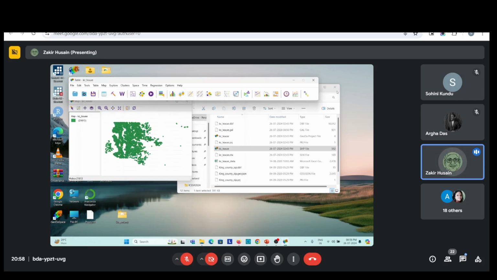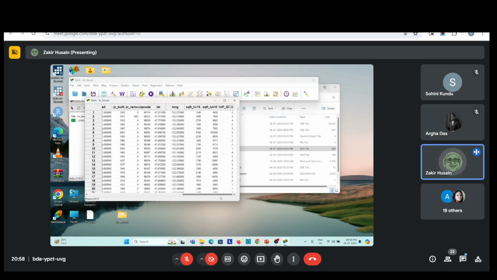Okay, so the variables are there. I don't have to worry about them. I'm just loading the. So I'm not going to show you how to do the clustering because it's again going to hang up.